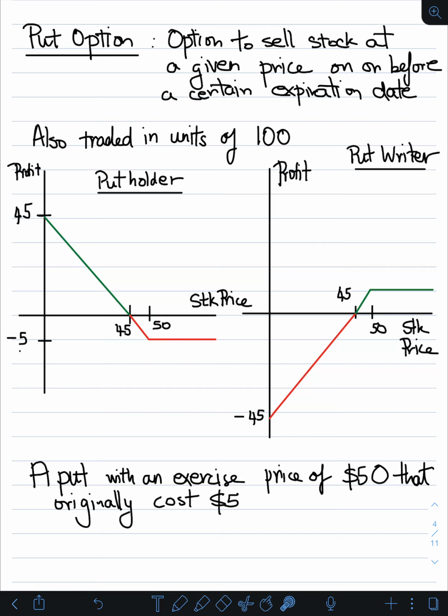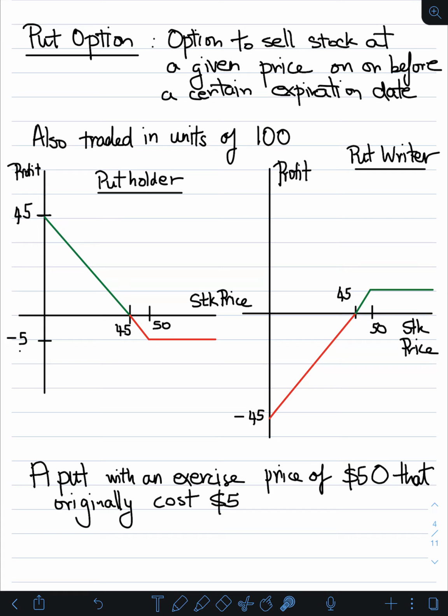Anywhere at a price less than $50, anywhere to the left of $50, the put holder is going to exercise that option to get back some of that $5 they paid to the writer in the first place. Let's look at a stock price less than 45.